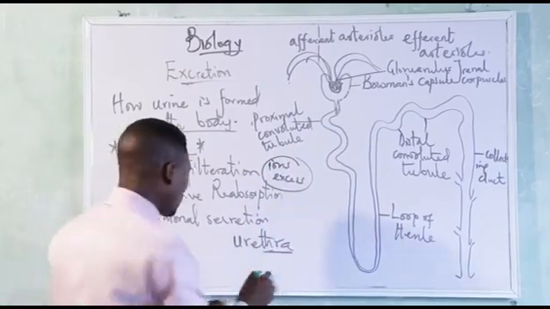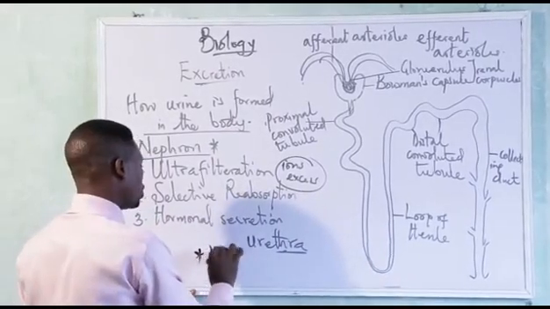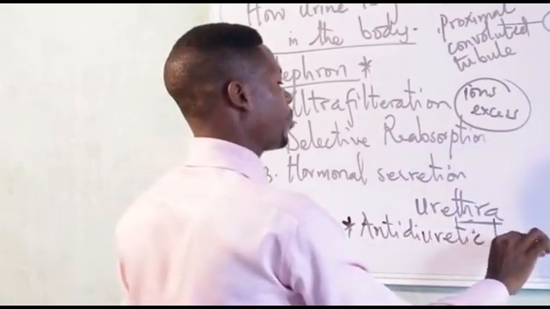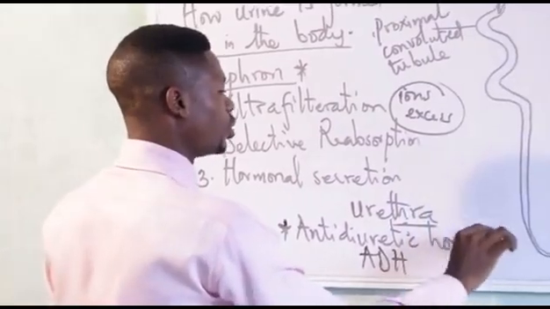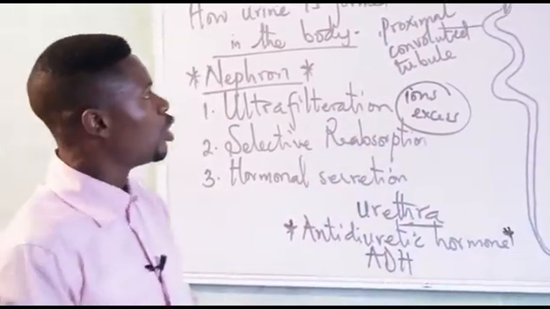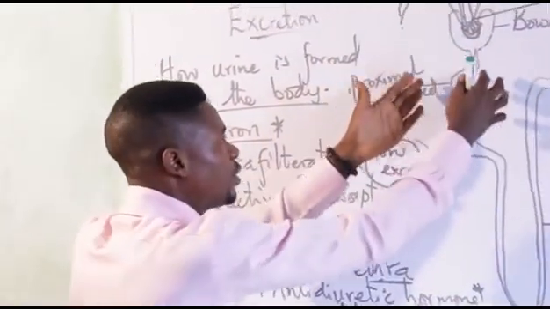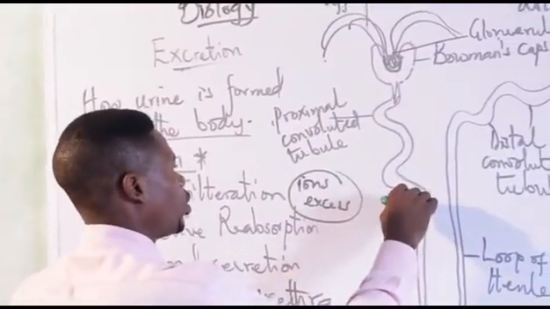That hormone is the hormone we refer to as ADH, anti-diuretic hormone. ADH, the antidiuretic hormone, is the hormone responsible for this selective reabsorption. Then the selective reabsorption takes place here, and you have the materials going in.